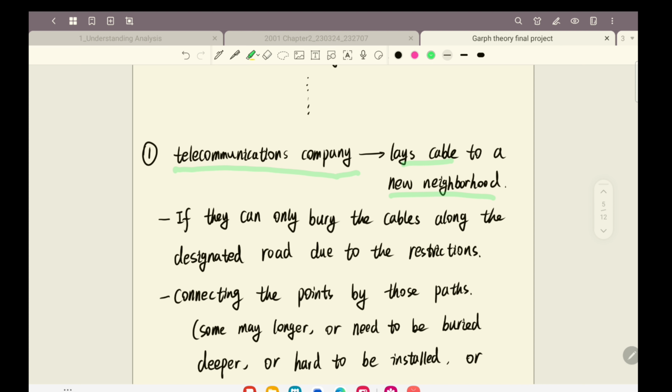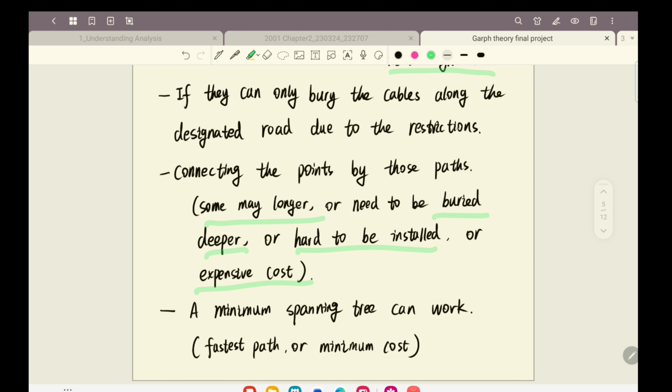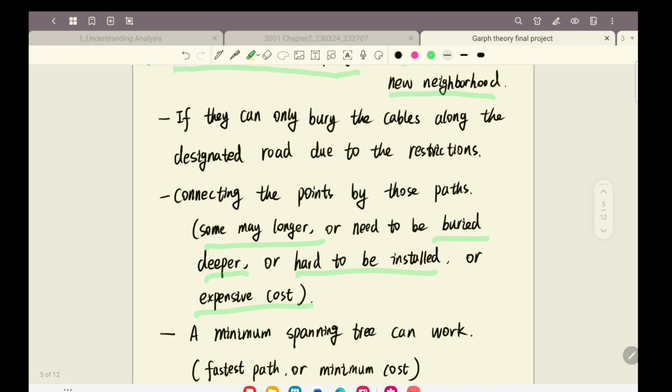Then there will be a graph to represent which points are connected by those roads. Some of the roads might be longer, or some of the cables need to be buried deeper, or are hard to install, or the cost is expensive. So the minimum spanning tree will be useful for installing the cables in the neighborhood.